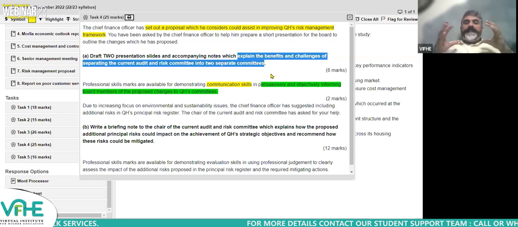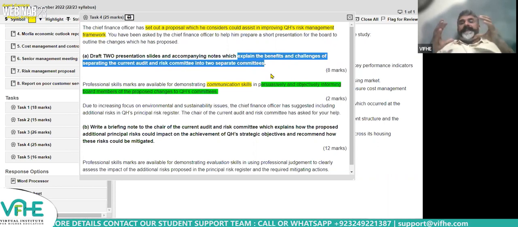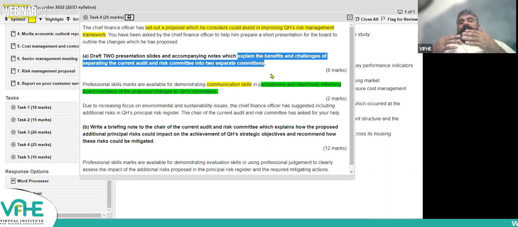Interesting. So right now they have a combined audit and risk committee, and now the CFO is proposing to have two separate committees. One should be an audit committee specifically, and one should be a risk committee specifically. Why? Because he wants to improve the risk management framework.